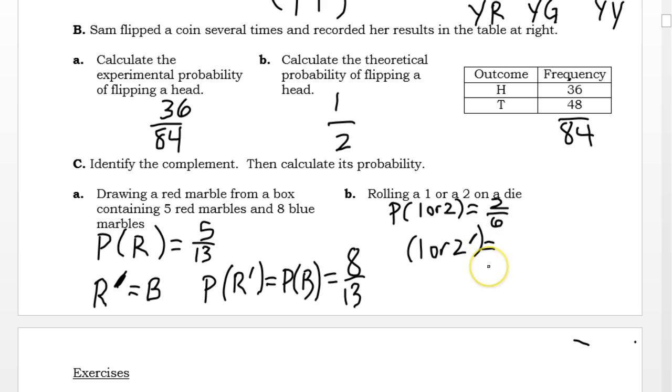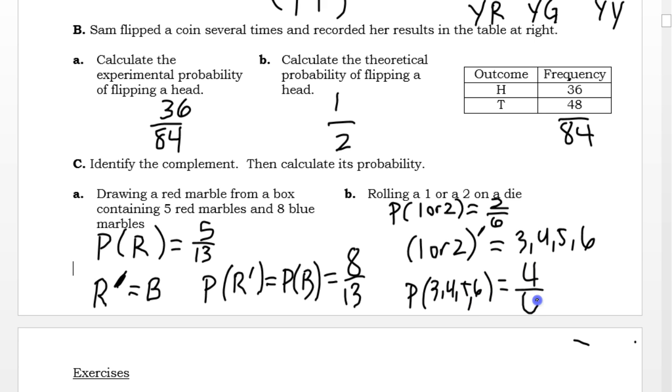The complement is 3, 4, 5, or 6. So the probability of 3, 4, 5, 6 is 4 out of 6.